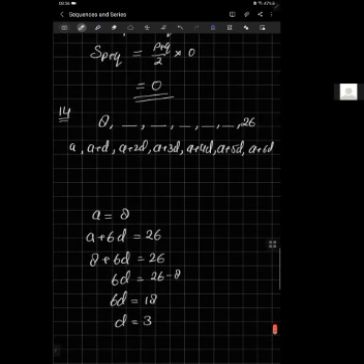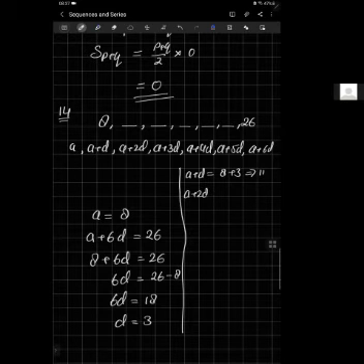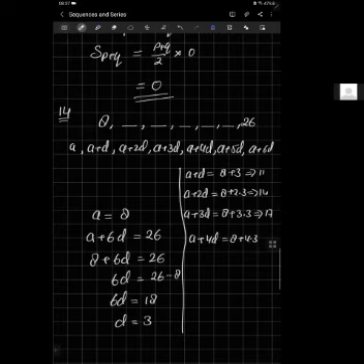Now, we need to calculate A plus D, that is 8 plus 3, 11. A plus 2D, 8 plus 2 into 3, 14. A plus 3D, 8 plus 3 into 3, 17. A plus 4D, 8 plus 4 into 3, 20.